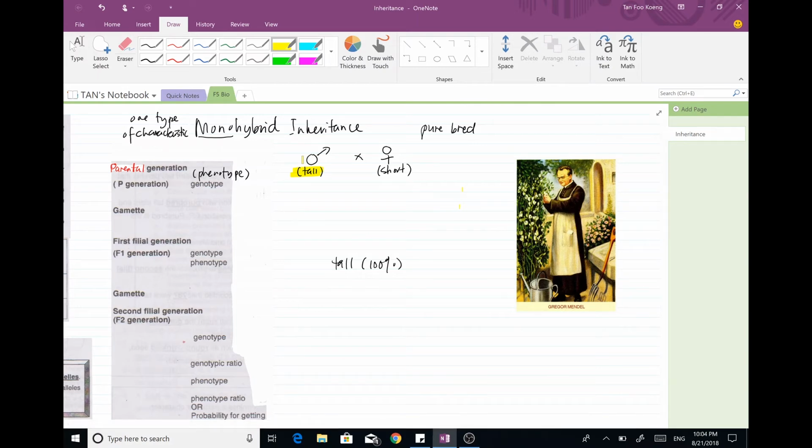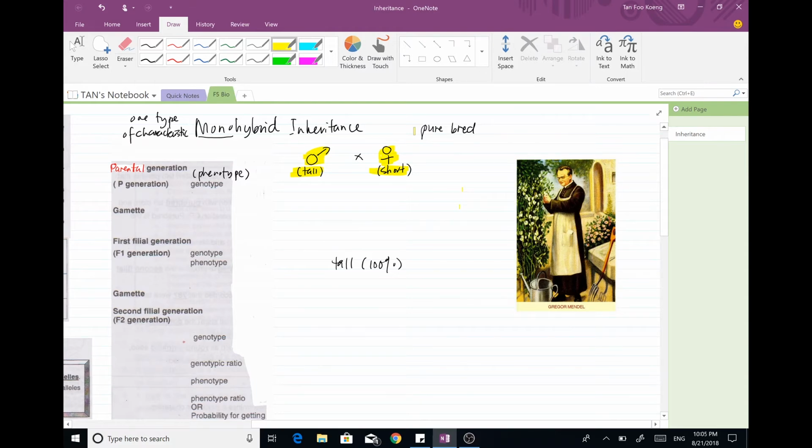On the other hand, he also tried to get another plant which is short, and he made sure that the parents, the grandparents, and the great-grandparents of this plant were short. So this plant is also known as a pure breeding short plant. He tried to get the pollen grain from the male plant. Now this symbol represents the male plant, and he brushes the pollen grain onto the stigma of the female plants.